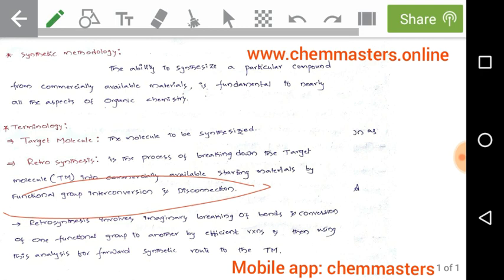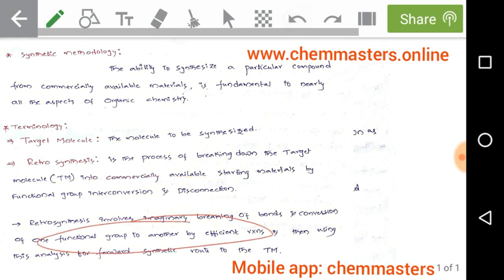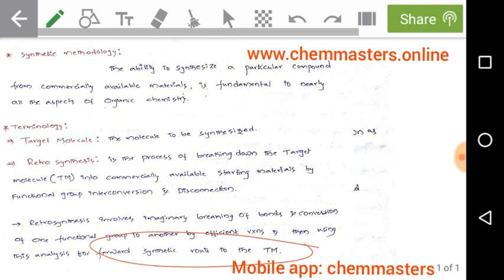Retrosynthesis involves imaginary breaking of bonds and conversion of one functional group to another by efficient reactions, and then using this analysis for the forward synthetic route to the target molecule.